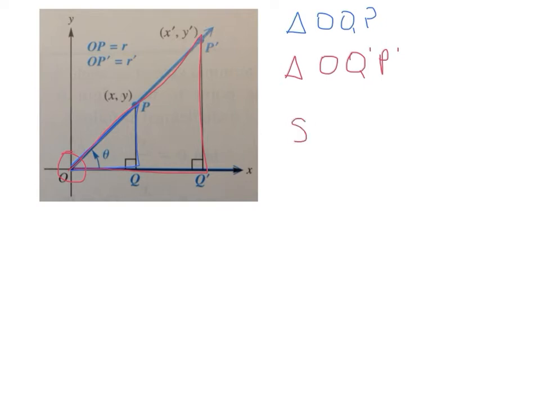So the sine of angle theta is going to equal y over r, or it'll equal y prime over r prime. But because they're proportional, it doesn't really matter which point you choose. My advice is to always choose a point that's going to be easy to work with, so nothing with decimals.